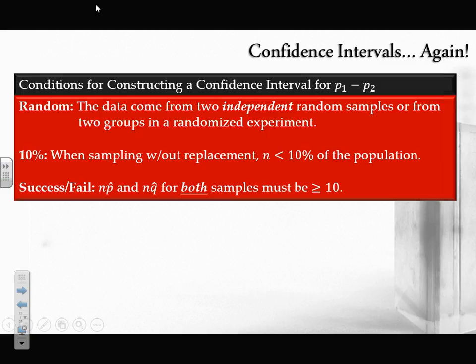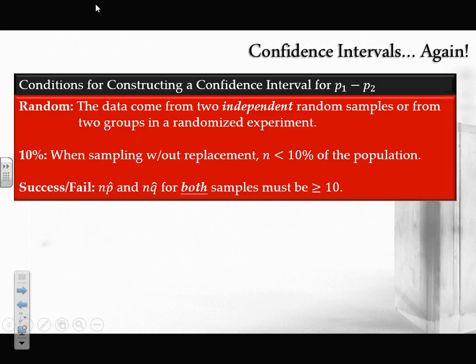The other thing that you need to keep in mind here is this idea of independence. When I take the two groups, I need to be fairly certain that the two groups I selected are independent of one another. So one group is not going to affect the other group. Okay? And that's just something you think about or justify within the scenario itself.